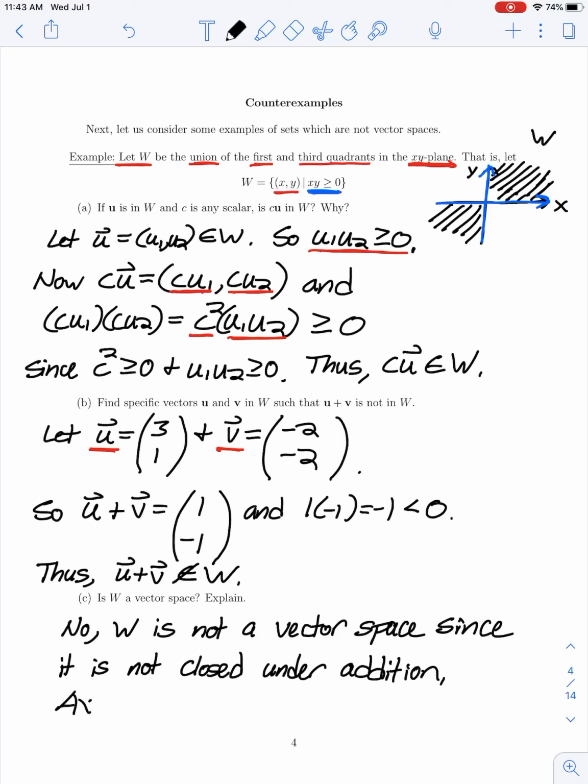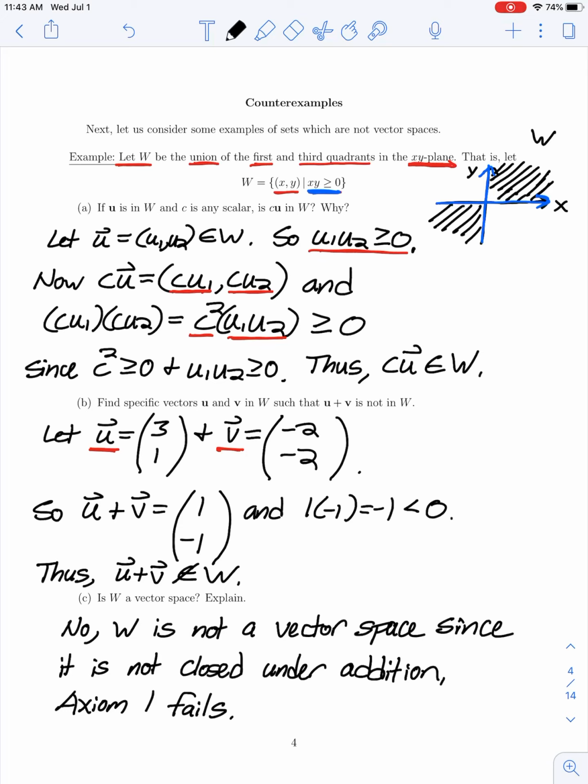In particular, axiom 1 fails for this space. Axiom number 1 in our definition for vector spaces was that the space must be closed under vector addition. If you take any two vectors in the space, the sum must also lie in the space. But we've shown in part B of this example that that is not true. Therefore, by definition, this cannot be a vector space.